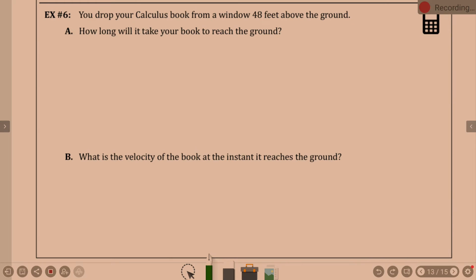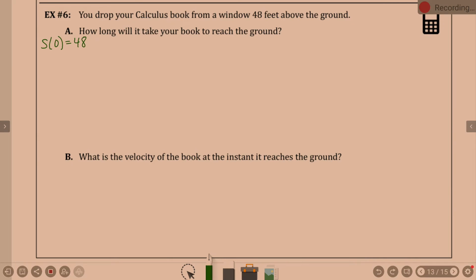It's 48 feet above the ground, so 48 is my initial height, my initial position. I'm going to say S of 0 is 48. Sometimes we use S of t or X of t.